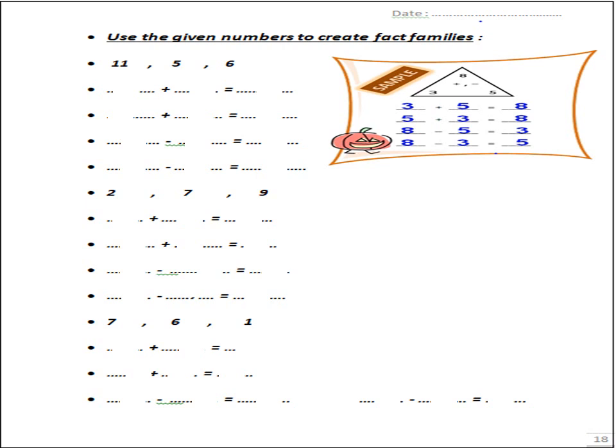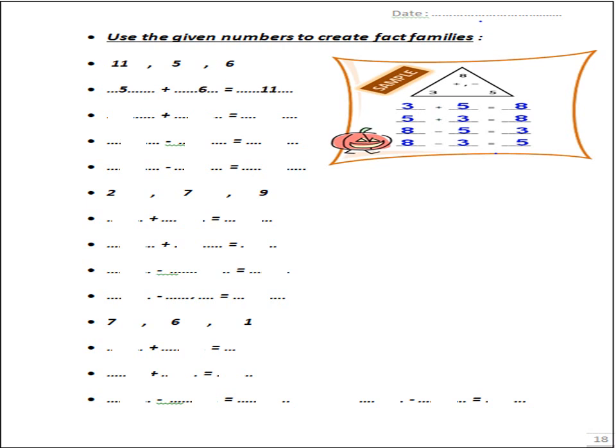Let's start to solve the first example here. We have 11, 5 and 6. Where are the 2 smallest numbers from these 3 numbers, primary one? It will be 5 and 6. So one time we choose 5 to be first, so 5 plus 6 equals 11.